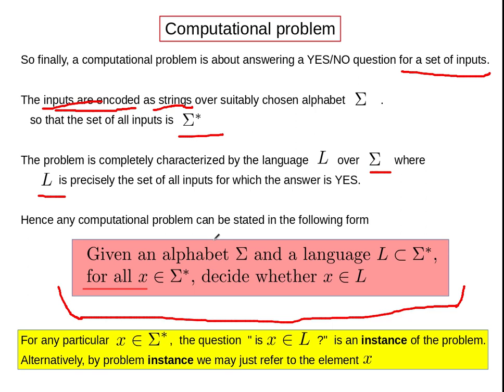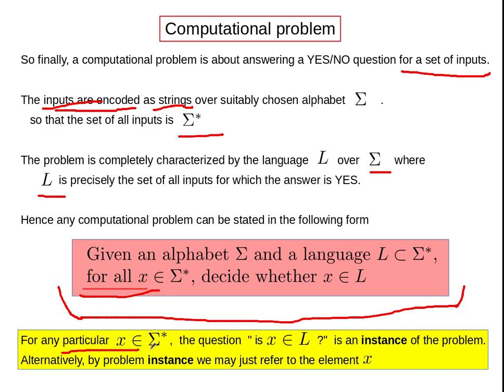So, given this alphabet sigma and language L over this alphabet sigma, for all x, I am repeatedly underlining this point: for all strings over this alphabet, you need to decide whether the string belongs to this given language or not. And what is an instance?